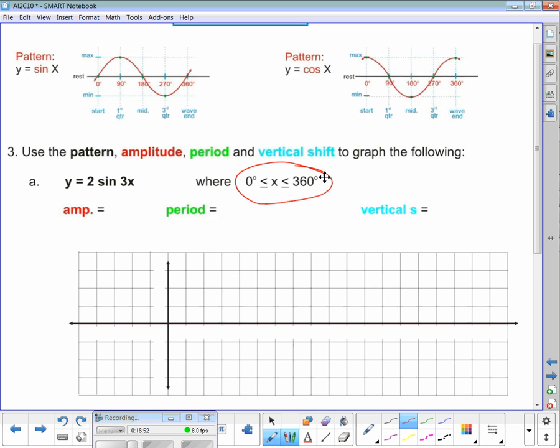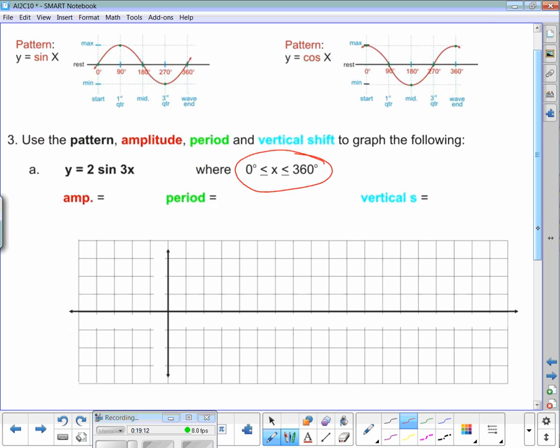If you're going to graph these, you're going to first figure out the amplitude, the period, and the vertical shift, and that's how you got to start these. So go ahead and fill in the amplitude, the period, and the vertical shift, and then we'll go from there.